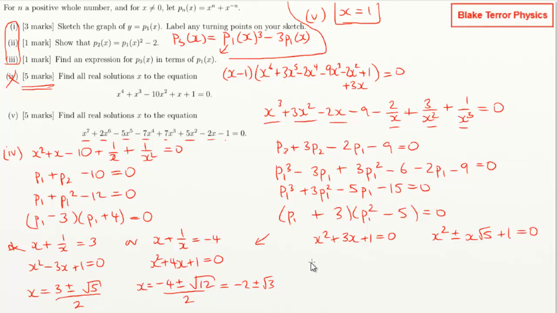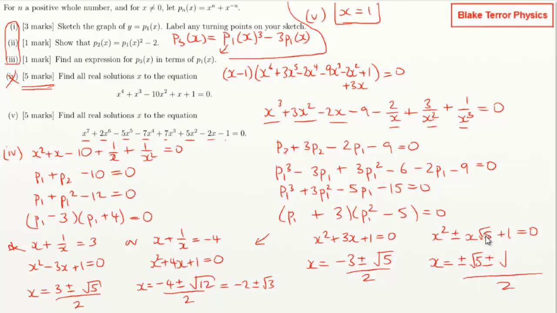So we've got various quadratics to solve. x equals minus 3 plus or minus the square root of, well, we've got 5 again, over 2. So that's one pair of solutions. And then here we're going to have x is equal to plus or minus root 5, plus or minus, we're going to have 4 solutions to this one. This is all over 2.